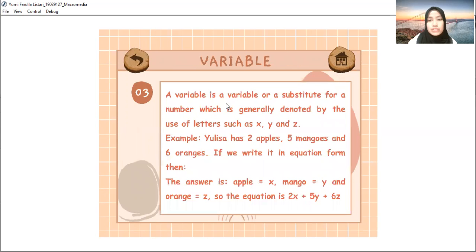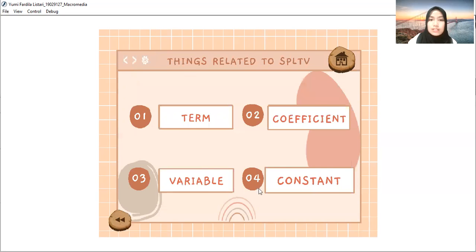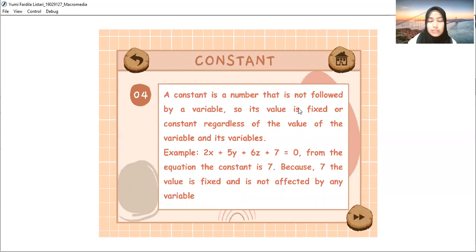This is the definition of variable and an example of variable that the student can learn. Okay, the student can click the previous button again. This is the constant. Okay, this is the definition of constant and an example of constant that the student can learn. Okay, after that, the student can click the next button.